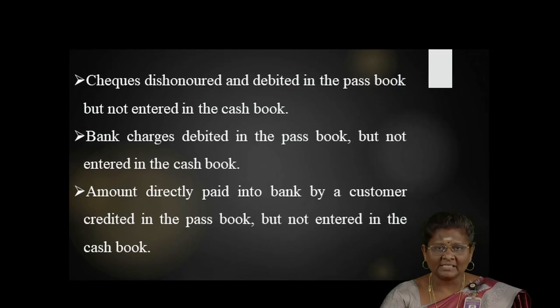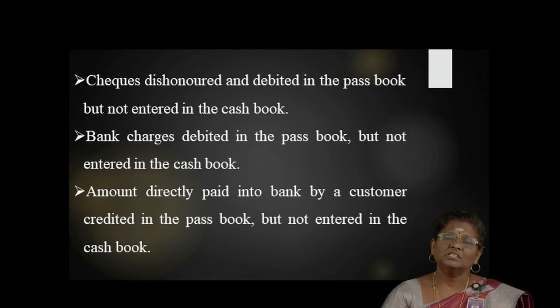In that case, the bank charges some amount. That amount is debited directly by the banker in our passbook, but that entry is not made in our cash book. So in that case also there is some difference between the cash book and the passbook.